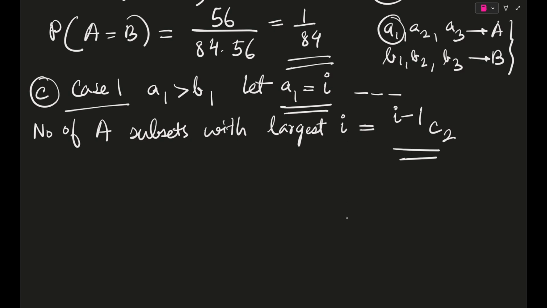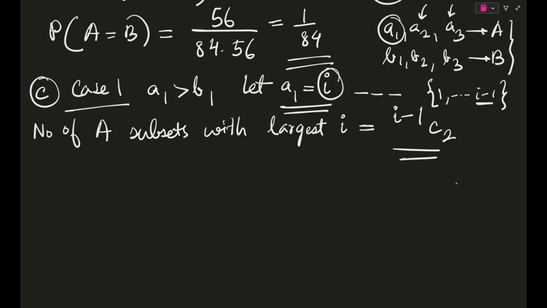That's why, if I pick 9 only, because 9 was a singular case in that option number A, but here it is not the only case. There are other cases. So if I pick the ith number, then the rest of the numbers A2 and A3 that I choose will be ranging between 1 to I minus 1. That is the reason why we took I minus 1 C2.